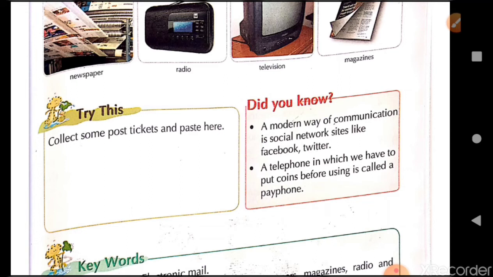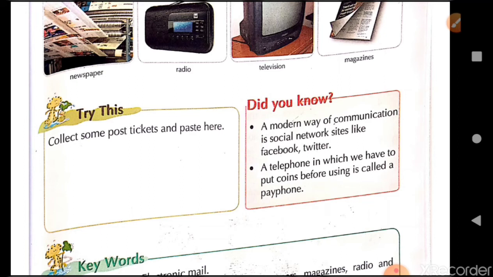Now, a telephone in which we have to put coins before using is called a payphone. Earlier, when people did not have mobile phones, when only landline phones were there, and that too with very few people, there used to be telephone booths. Payphones used to be there. The system was such that a 1 rupee coin had to be inserted.